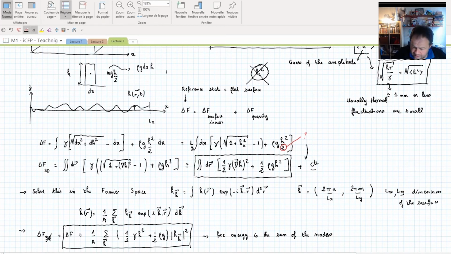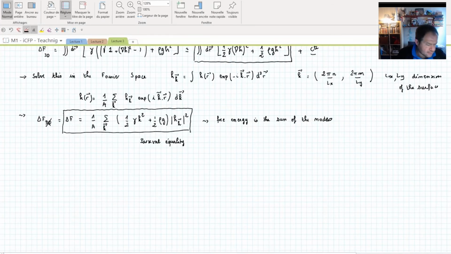So the gravity term is rho g h squared over 2, the small energy of this term is this one.